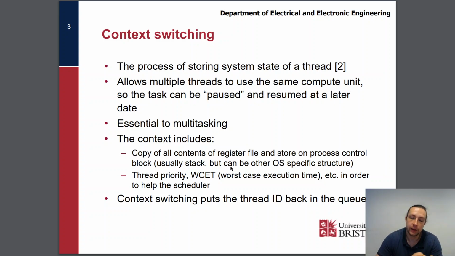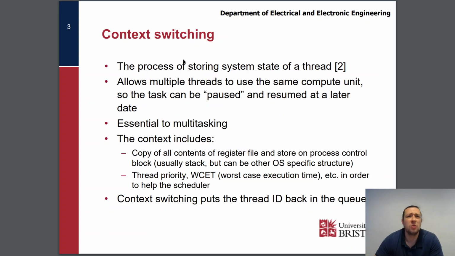We put that on the stack. Then we can safely load all of these variables for thread 2 and execute it, and when it comes time to come back to thread 1, we can just pop it from the stack, or other specific structures, again out of the scope for this lecture, and continue executing thread 1's code from where we left off.